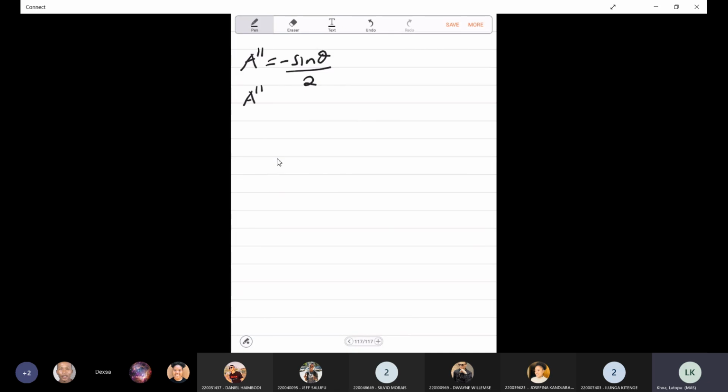So A double prime of pi over 2 is minus sine of pi over 2 divided by 2, which is minus half, which is less than 0. Therefore, it is maximum, as we knew we would.